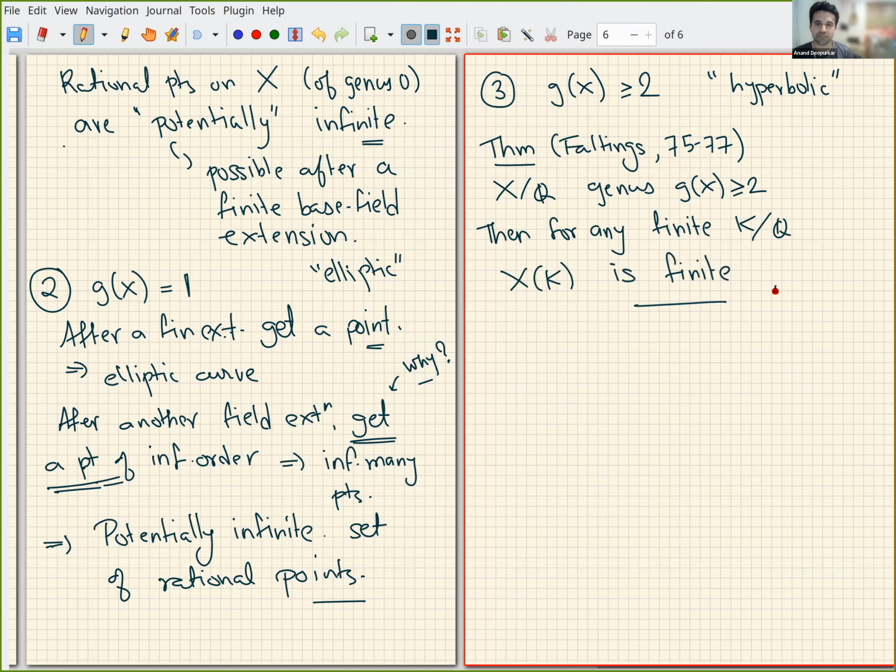So even after you allow yourself the freedom of making a base field extension, you don't get infinitely many rational points. So here's the summary: 3 cases: spherical, elliptic, and hyperbolic.